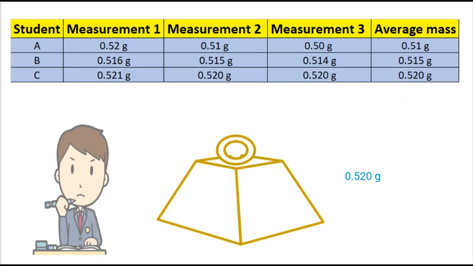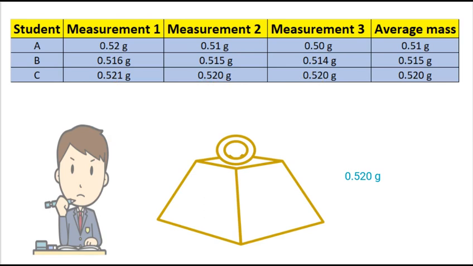Next, look here. In this case, how much is the order of difference he's getting? 0.01. Again here 0.01. The difference between these two is 0.001. And here he almost got the same value. So I can say he almost got the same result every time he did the measurement, isn't it? So I can say his data are precise.